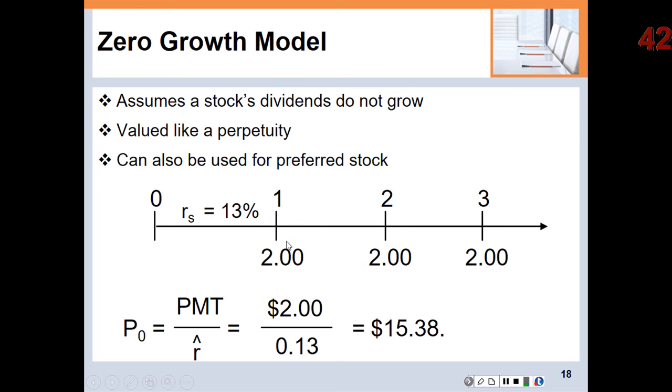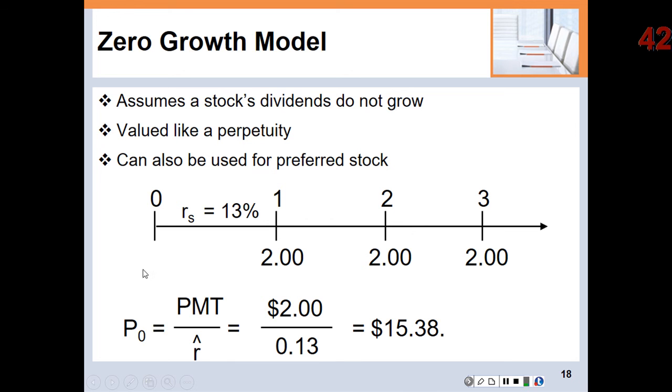Now, here's a really simple example. This stock pays a dividend of $2 per share. You'll notice it's not changing. It pays $2 time period 1, $2 at time period 2, time period 3. And the required return on this stock is 13%. So if we wanted to calculate the current price of this stock using the zero growth model, we would simply put in the future payment, or in this case, it's the dividend, divided by the expected return. So this is your formula.